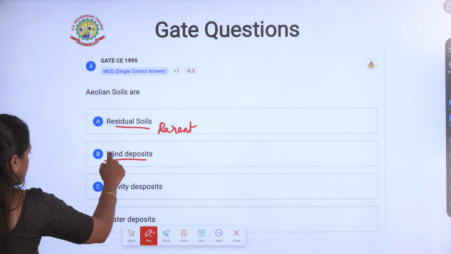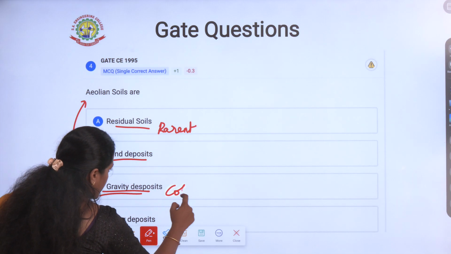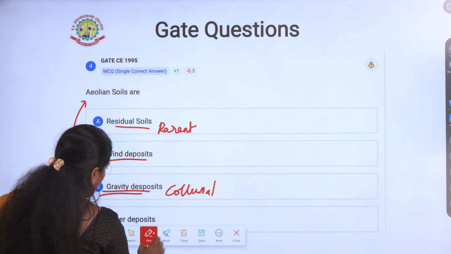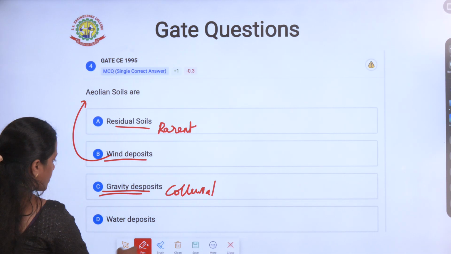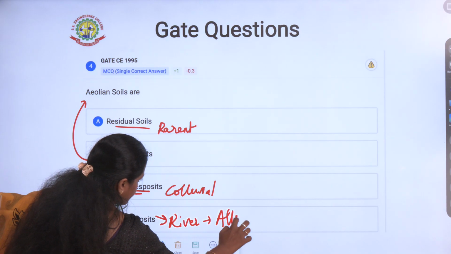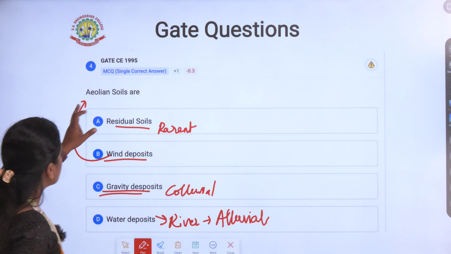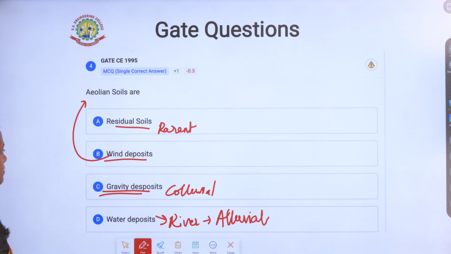If it is transported by wind, then it is called aeolian soil. If the deposit is by gravity, it may be colluvial soil or gravity till. If it is a water deposit, in the form of a river, then it will be alluvial soil. Here the question asked about aeolian soil, which is wind deposit.